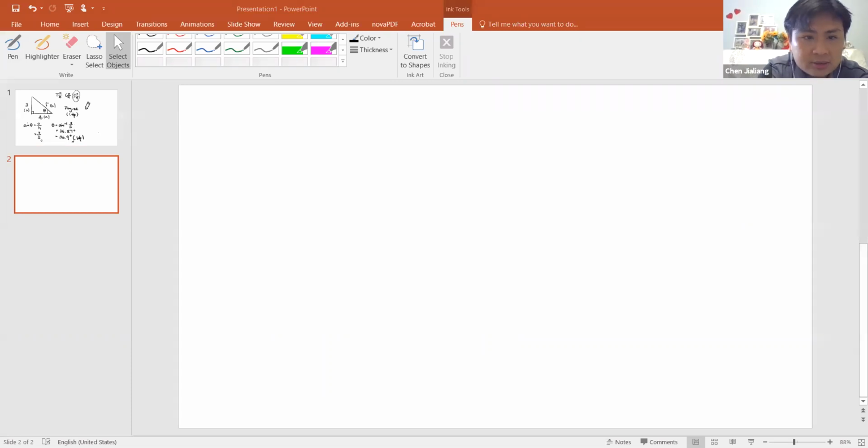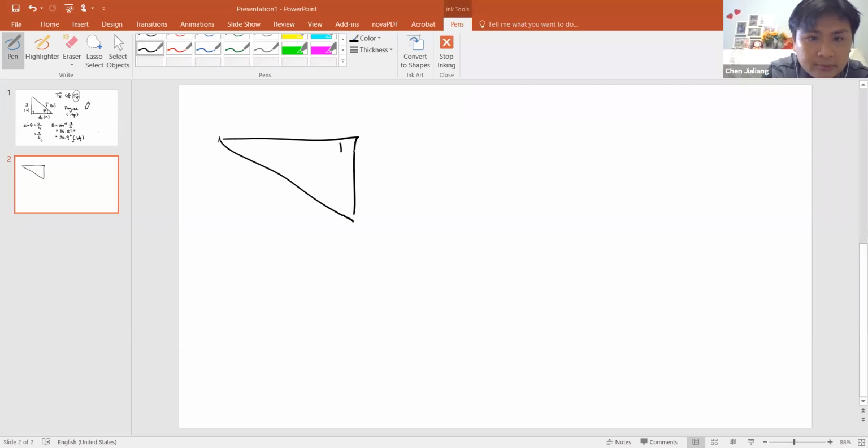I see a triangle that looks like this: 13 and 8, and then the question mark here. Then this is the end. This is the triangle that I see. On your screen, you may see a different thing because it's generated by the computer, so you may have different questions.